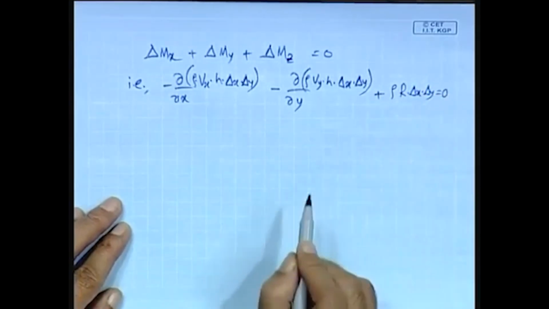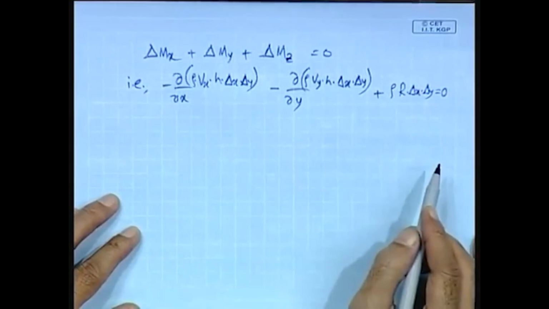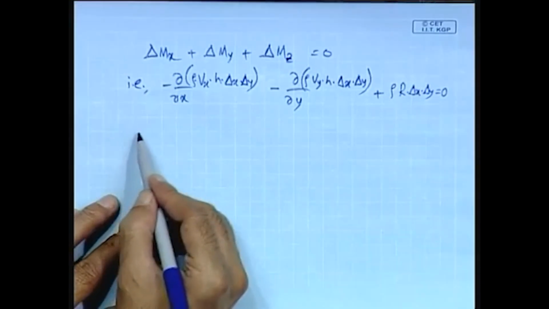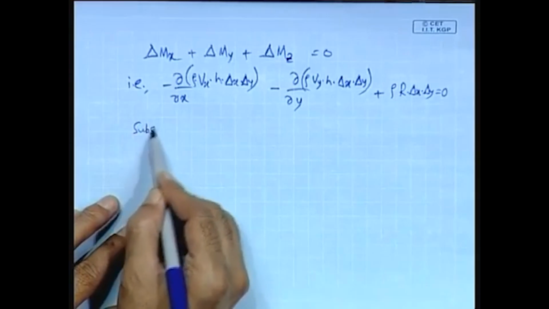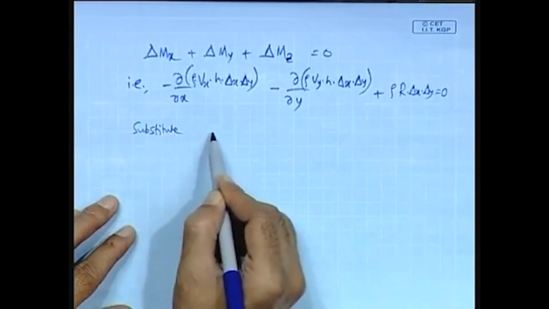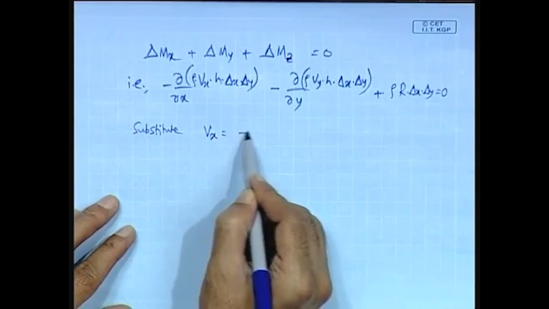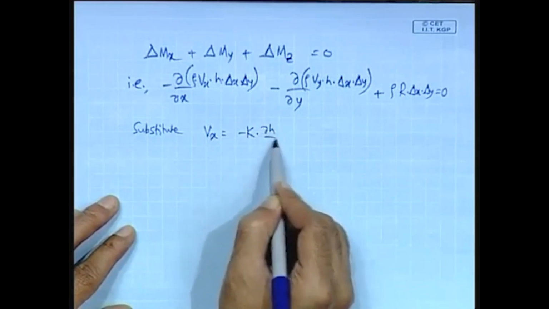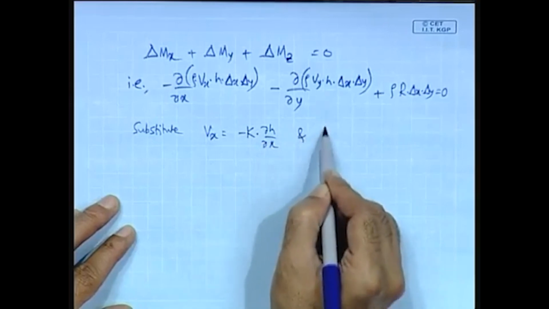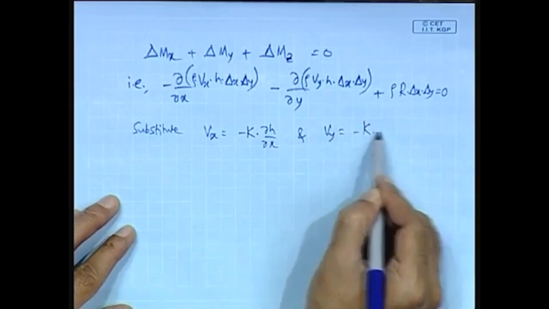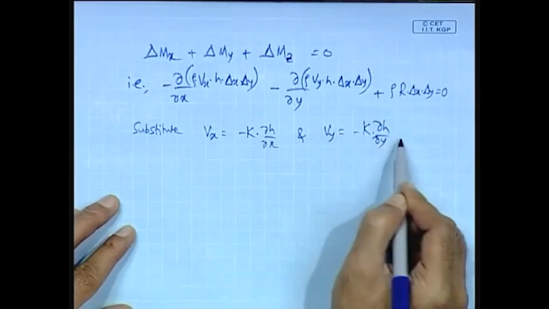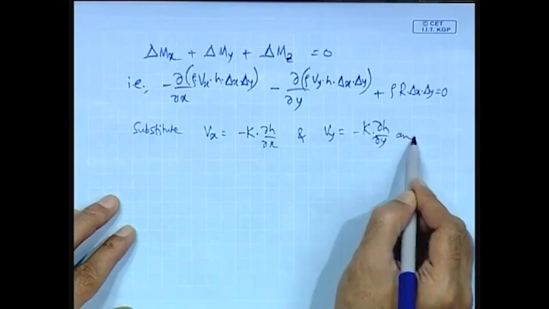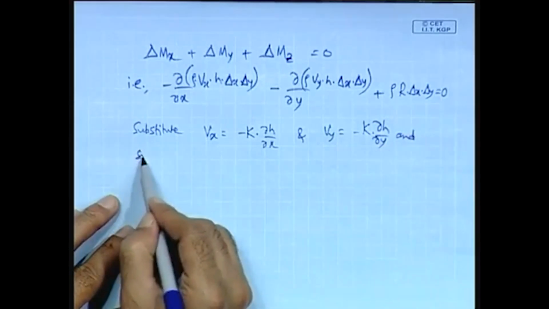This becomes 0. So, again let us substitute Vx is equal to minus k into dh by dx, and Vy is equal to minus k into dh by dy, and simplify.